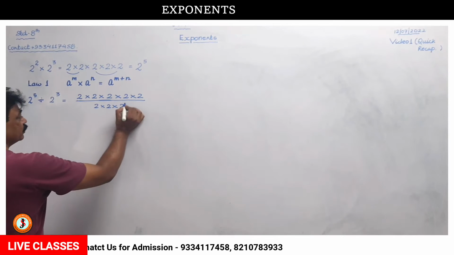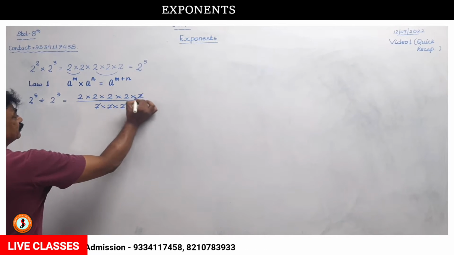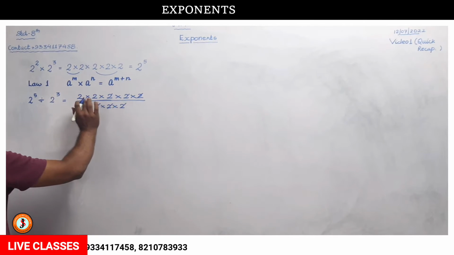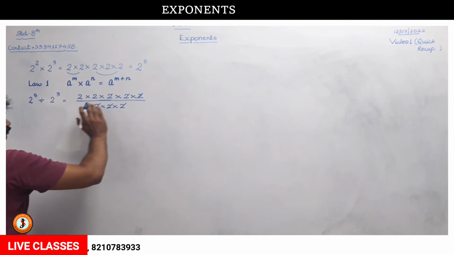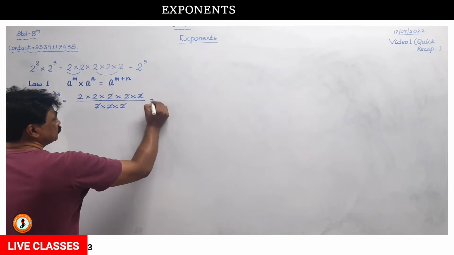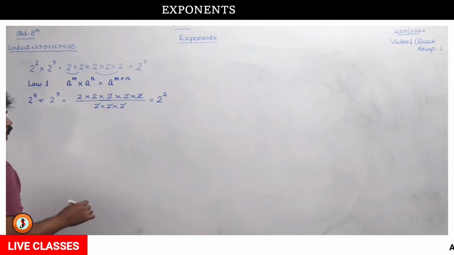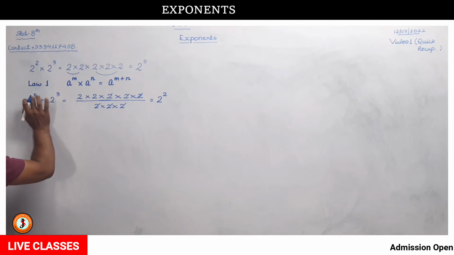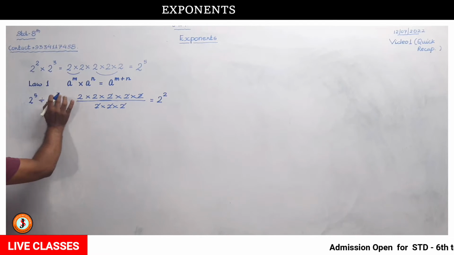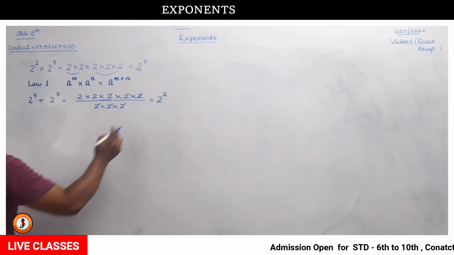Then we cancel out. So 5 minus 3, that means out of 5 times, 3 times we have cancelled out, so it becomes 2 to the power 2, and then we can evaluate. If you subtract 5 minus 3, you get 2. So the exponent over here is 2.